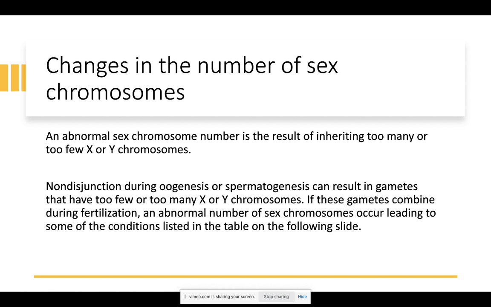One in particular I'm thinking of is known as Turner syndrome, and you'll see that on the next slide. The text here says non-disjunction during oogenesis or spermatogenesis can result in gametes that have too few or too many X or Y chromosomes. If these gametes combine during fertilization, an abnormal number of sex chromosomes occurs, leading to some of the conditions listed in the table.